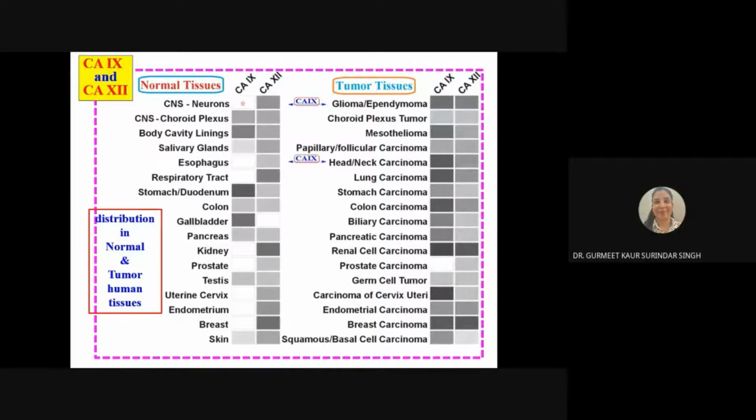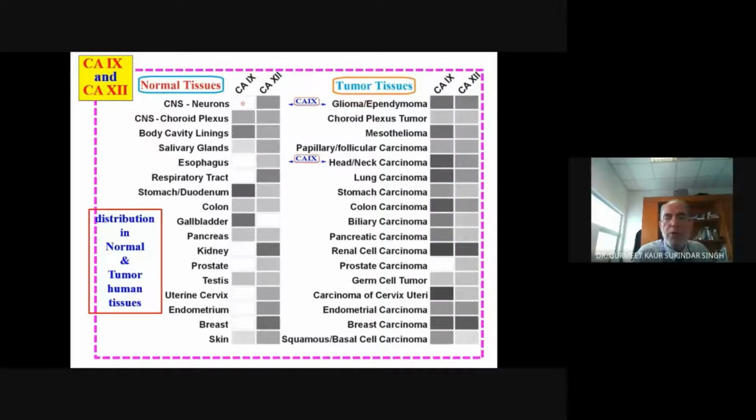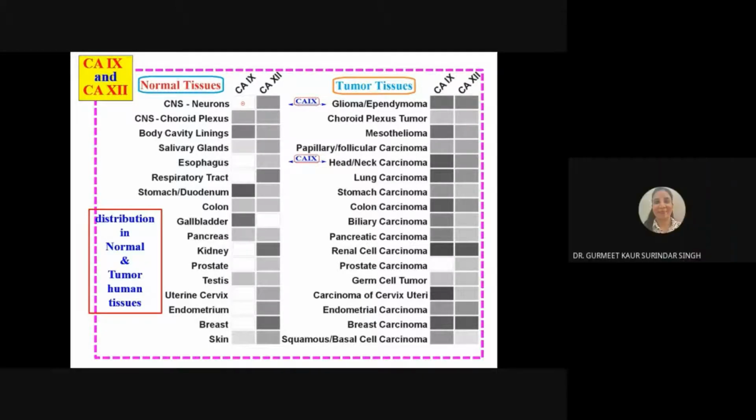The second one is the esophagus. We can see that carbonic anhydrase 9 is not expressed at all in normal tissues, but it is extensively expressed in solid tumors. Carbonic anhydrase 12 is not good for the esophagus. And also the same for the respiratory tract.